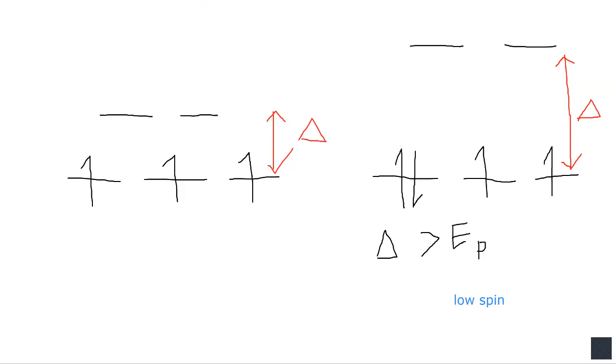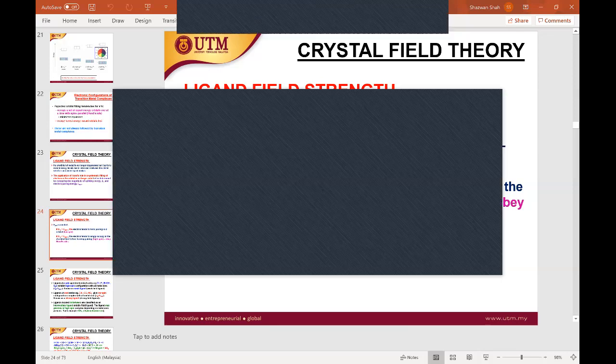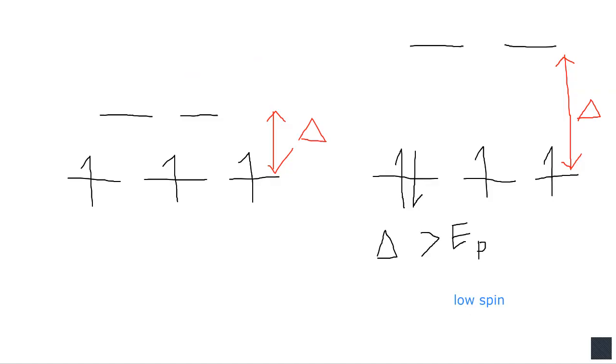However, in other cases, if the energy of the splitting is less than electron pair, this will form high spin. Because here the splitting energy is smaller than electron pair, it will be high spin.